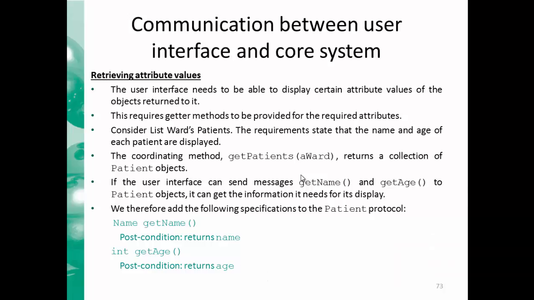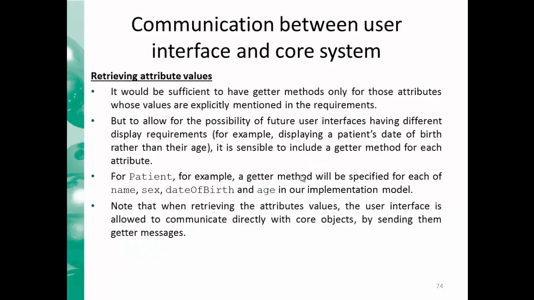Of course, the interface needs to display some information about the objects in the system, and this information will be taken from the object returned from the coordinating object, or it may be returned as individual values. So for example, you can get a name or get an age or get an object like, for example, patient 1, and from that patient 1 you can extract any individual piece of information or attribute value from that particular object.